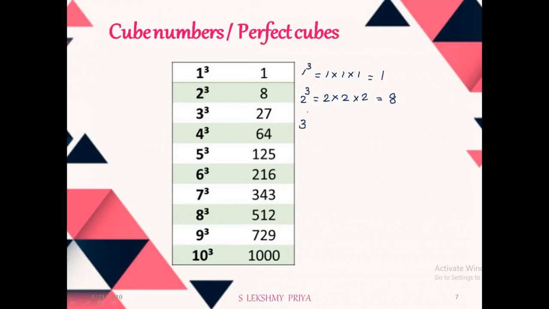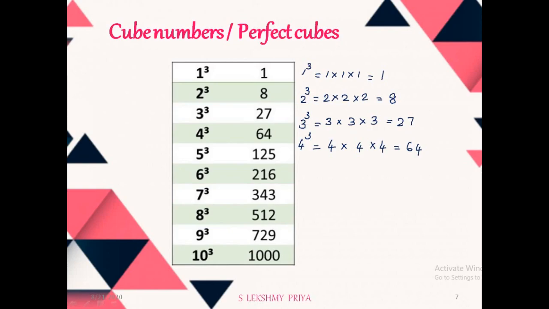Then 3 cube equal to 3 into 3 into 3. 3 3s are 9 and 9 3s are 27. What about 4 cube? It is 4 into 4 into 4. 4 4s are 16. 16 4s are 64.